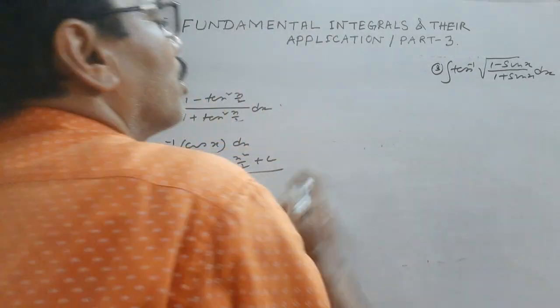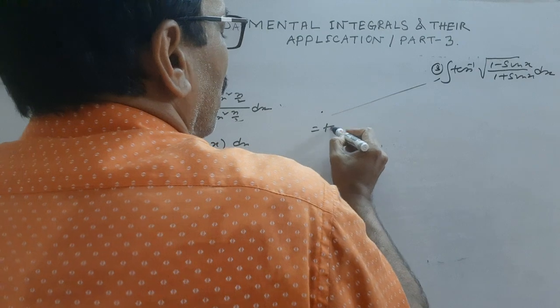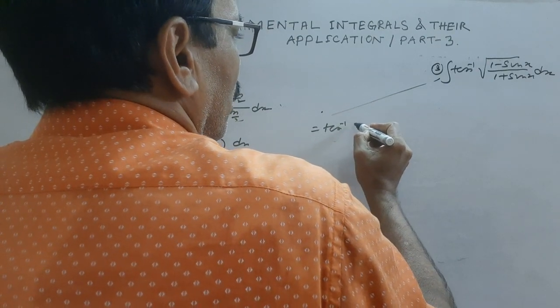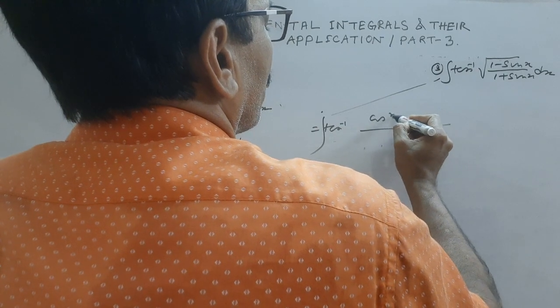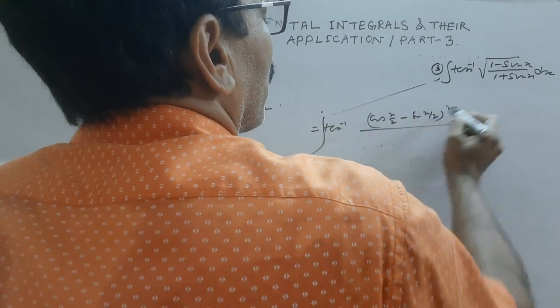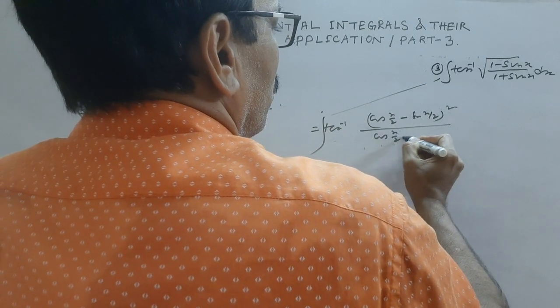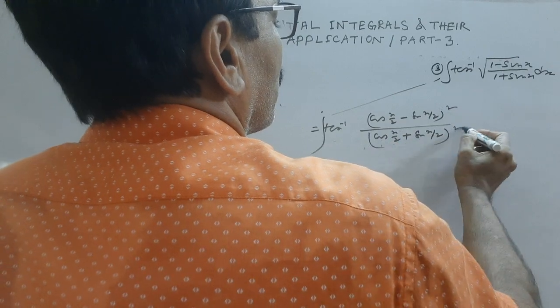Now the 3 tan inverse, integration of (1 minus sin x) over (cos x by 2 minus sin x by 2) whole square. You know it, sin x by 2 whole square.